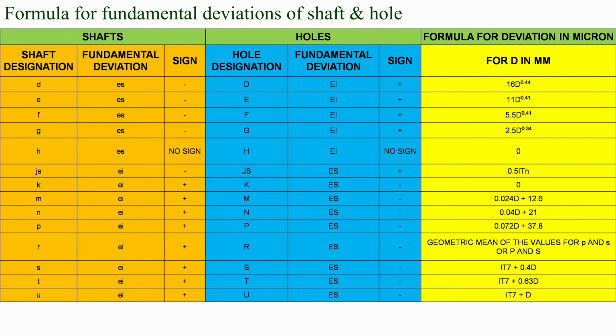Small t and capital T equals IT7 plus 0.63 d. Small u and capital U equals IT7 plus d. Now how this formula is used, and what this d is all about, we will see later.